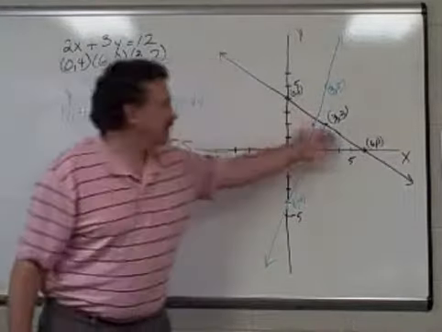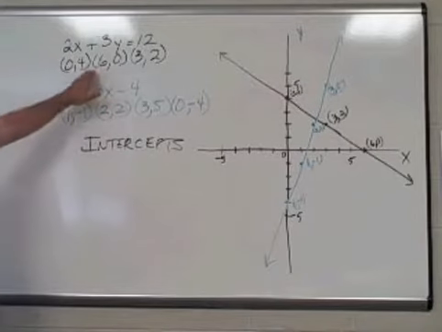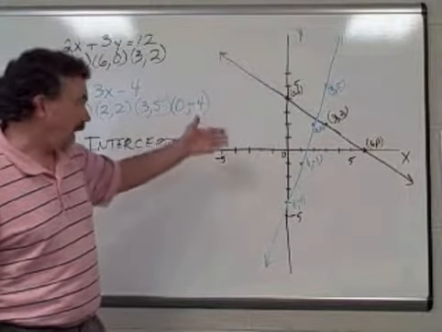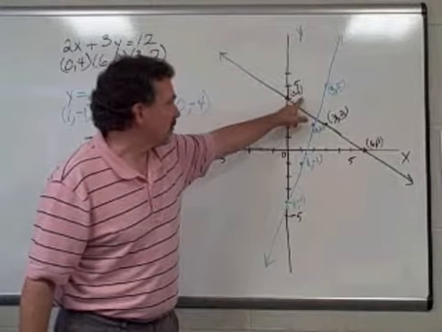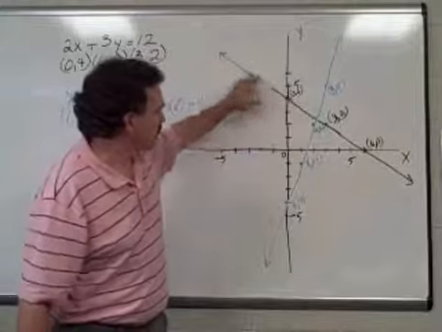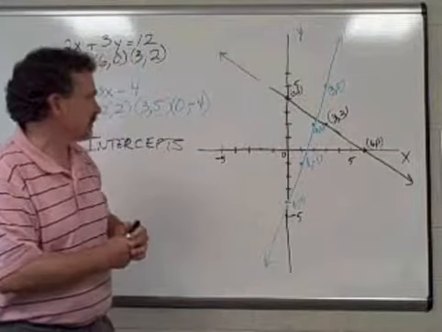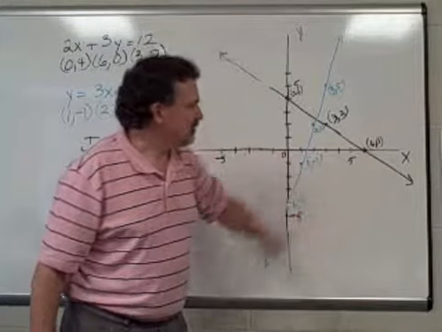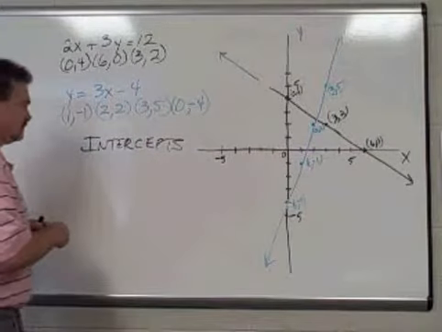If we consider the black line, which was related to this particular equation, the y-intercept would be the point 0,4. That's where the line crosses the y-axis. And the x-intercept would be the point 6,0.